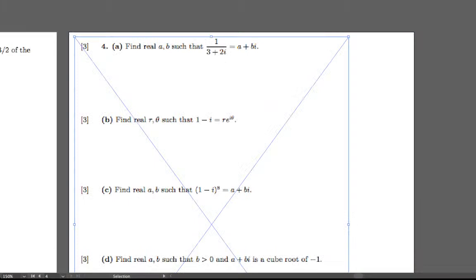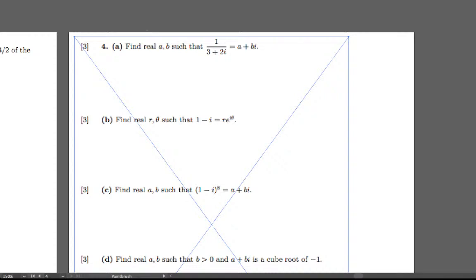Problem 4. Find real a, b such that 1 over 3 plus 2i equals a plus bi. For you guys who already do complex numbers, pretty easy for you. Multiply the top side and the bottom side by 3 minus 2i.